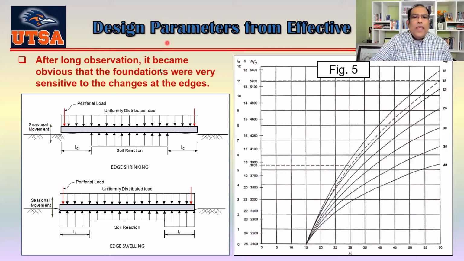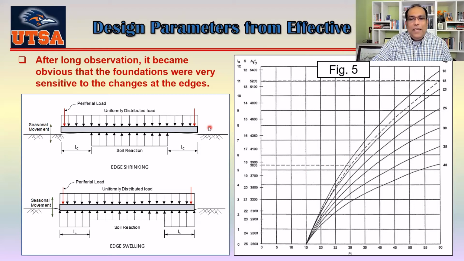Now, based on the PI and the climate rating, you can go there and find out three things from this chart. First of all, your LC, meaning your cantilever length, the distance from here to here, because of the seasonal variation of moisture.